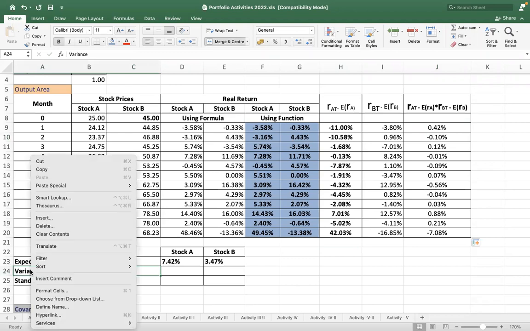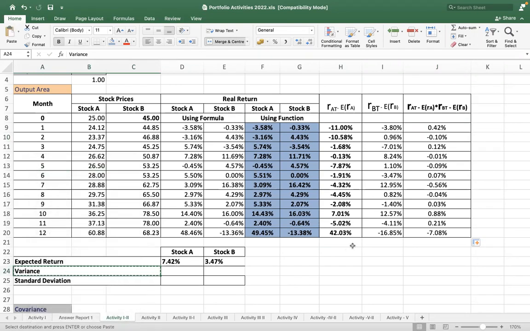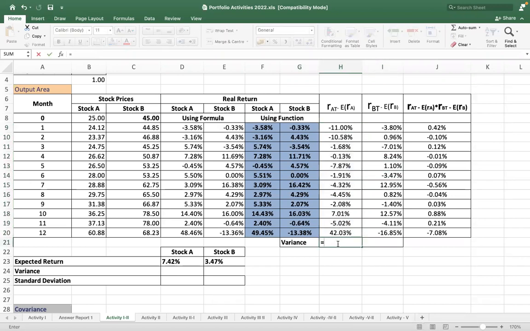Then we can get the variance. Variance in the sense that we divide by M, the number of observations, to get the average.